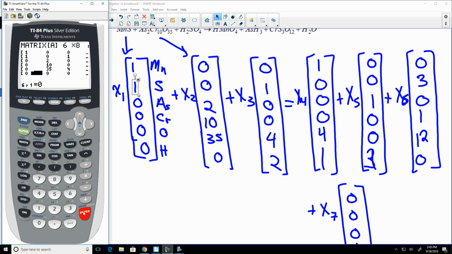No, there's 12. I'll check it. See that 12? Yeah, I'll fix it.